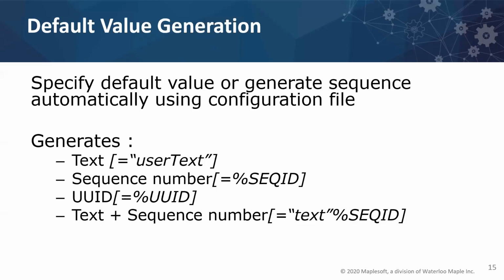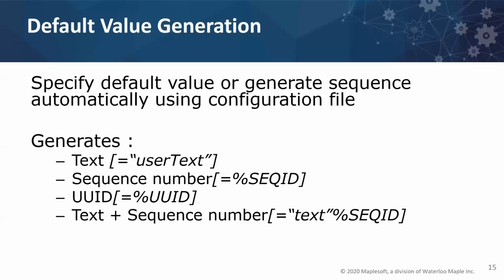It's optional if you want to create a name for the association or the part property. In the same way here, with default value generation, if you don't want the user from Excel to have to provide a name for the part property every time, by default you can specify this in the configuration file.